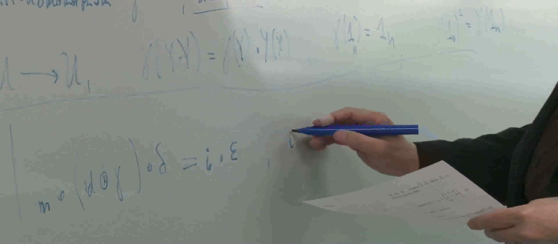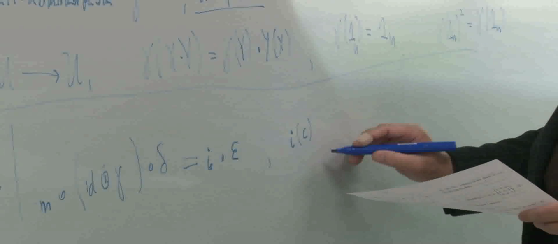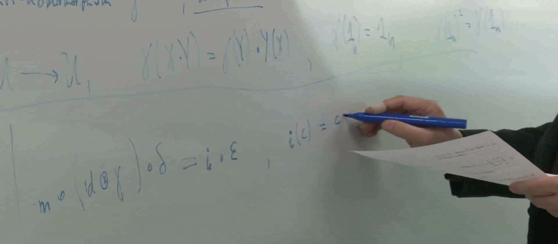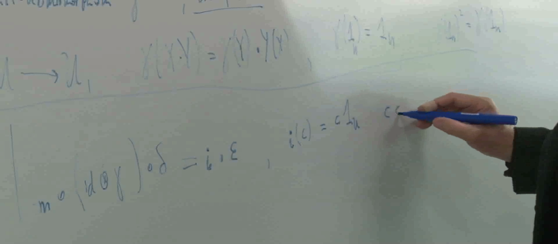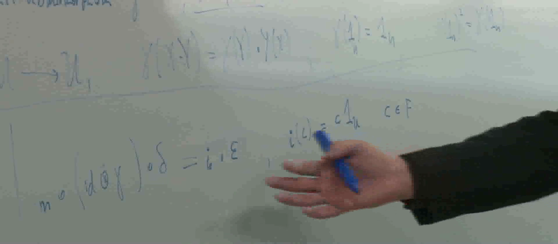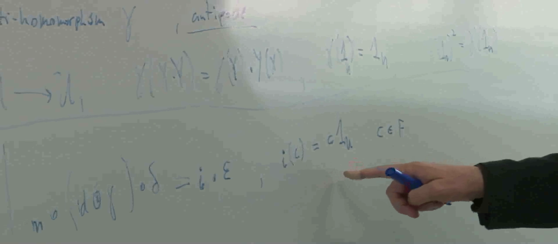You have to say how numbers are inserted, and the way to say this is that u of some number c will be equal to the number c multiplying the unit element, where c is some number from the number field. So in this way you again return to U. Of course, here you see that at the end of the day you'll obtain either the unit element or 0, because it may happen that this c is 0. But in any case, you have not too many choices.